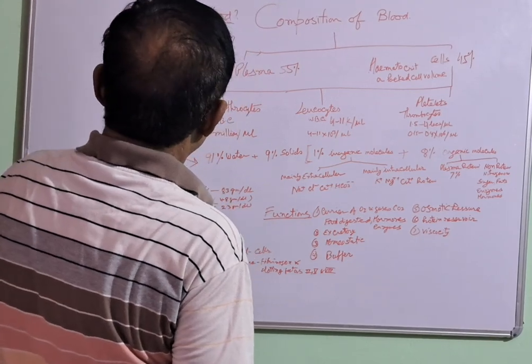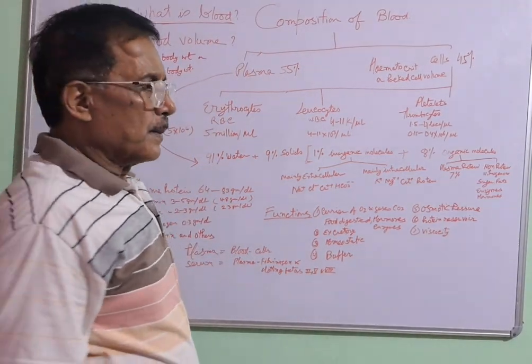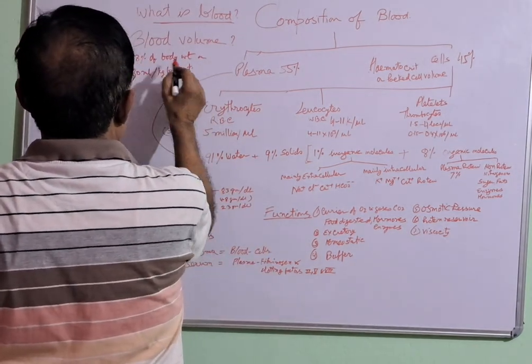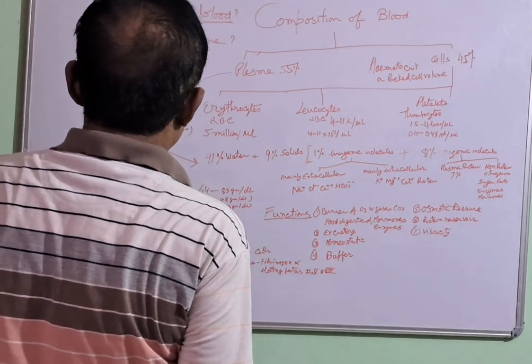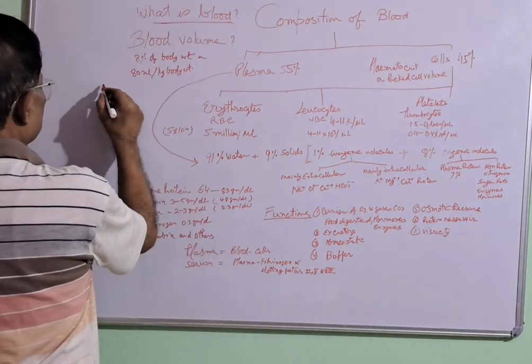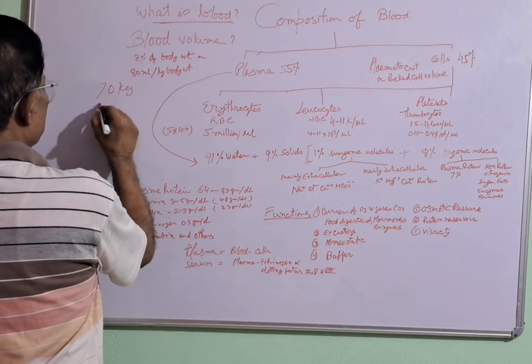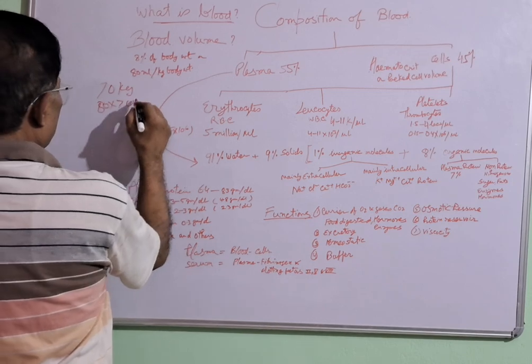Now, what is blood volume? Blood volume is usually 5 liter, and you may say that is 8% of body weight or 80 milliliter per kg body weight. Suppose a person is of 70 kg, then his blood volume is 80 into 70.